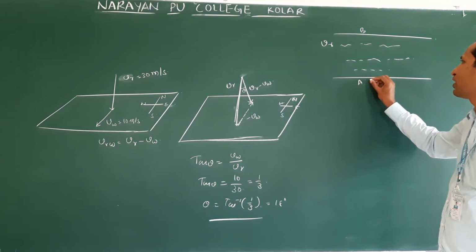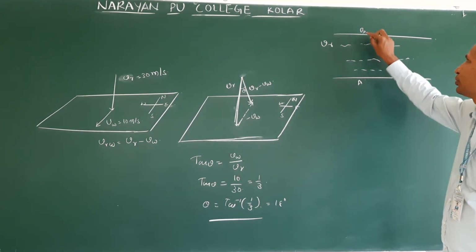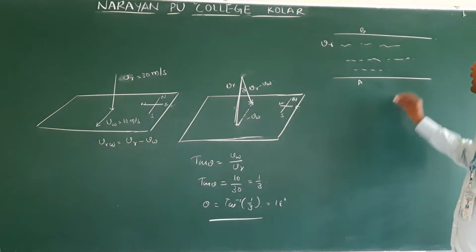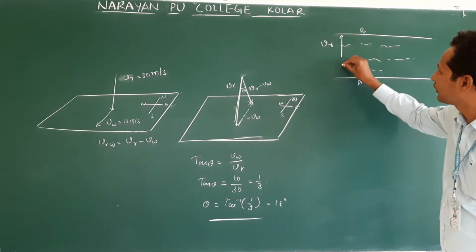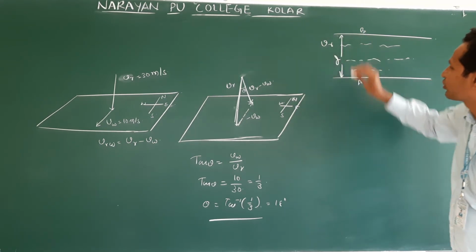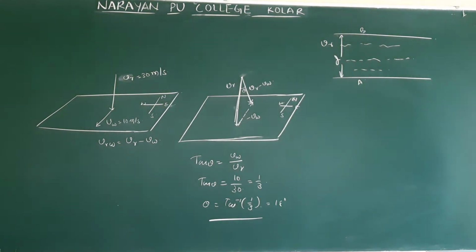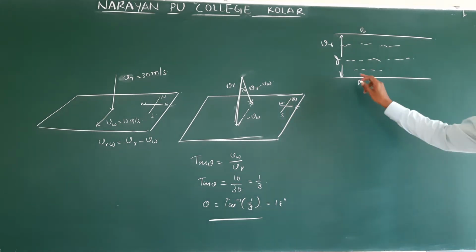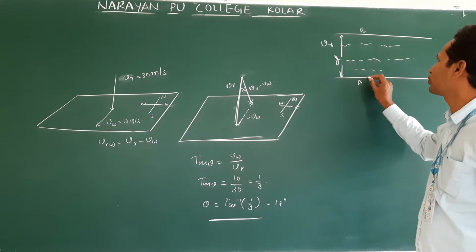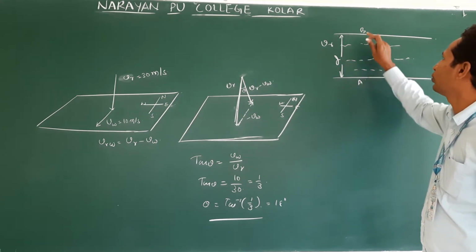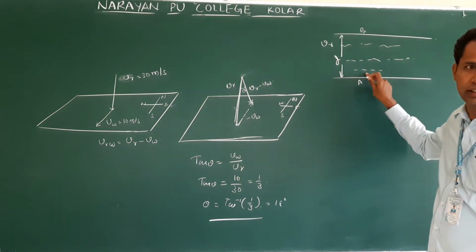A person wants to move from this bank to the other bank, and the width of the river, take it as small d. If a person wants to move from A to B, he has to swim through the river.